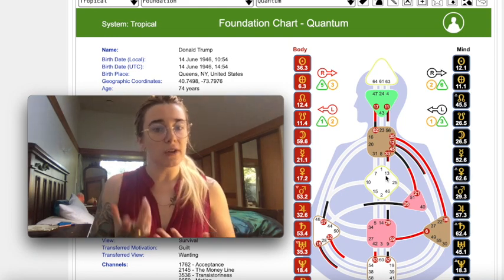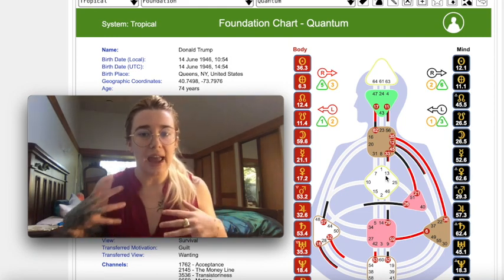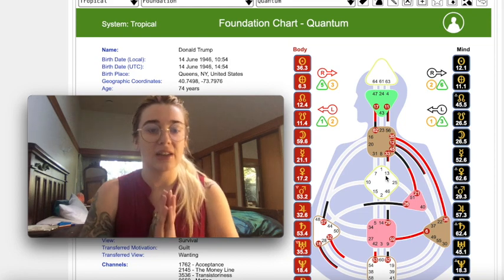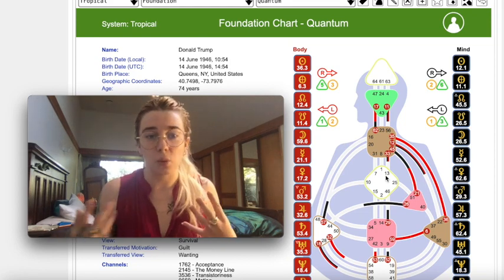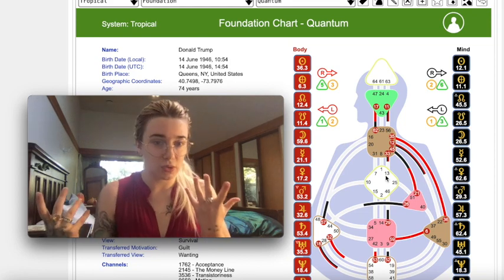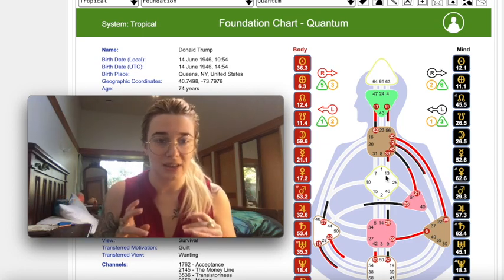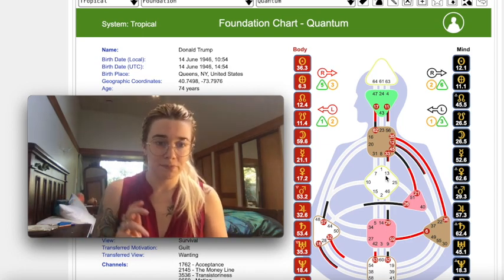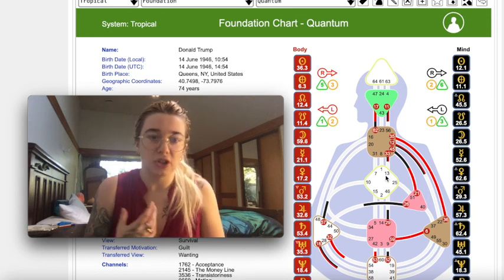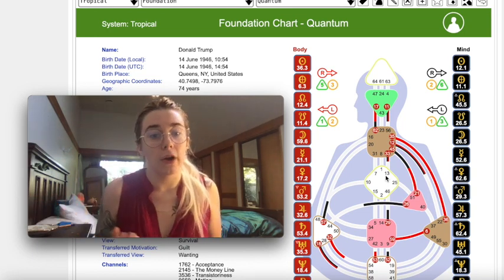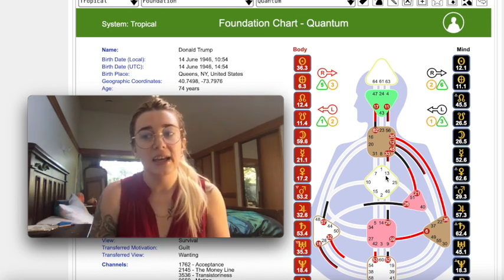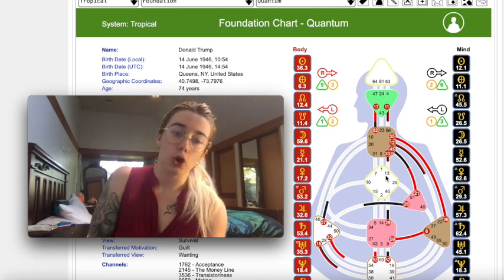Doesn't necessarily mean that everyone with a defined G center is going to be super confident, right? Because we're all prone to conditioning and all kinds of things, but it's there. However you express it, it's there, right? You know who you are. Your identity doesn't change over your lifetime.